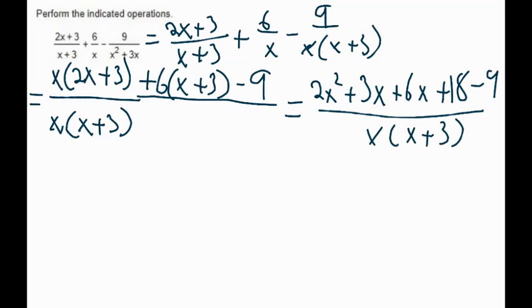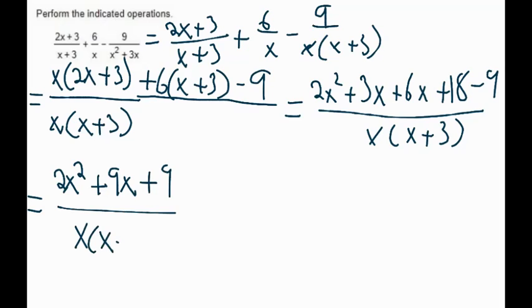Now we'll combine our like terms. The 2x squared stays the same. 3x plus 6x is 9x. 18 minus 9 is 9. And this is over x times x plus 3. At first glance we might say, well, we're done.